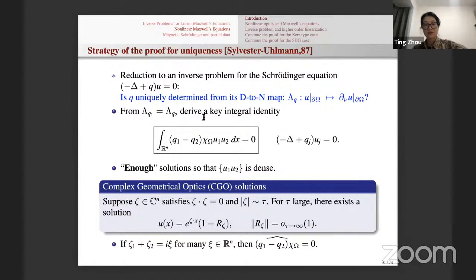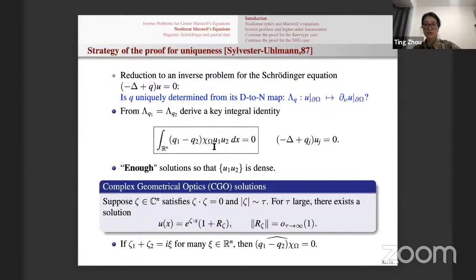And the key step here is to develop this key integral identity. This is important. I wanted to put it here because later you will see for the nonlinear equation inverse problems, we do higher order linearization. And as a result, we get very similar integral identities.